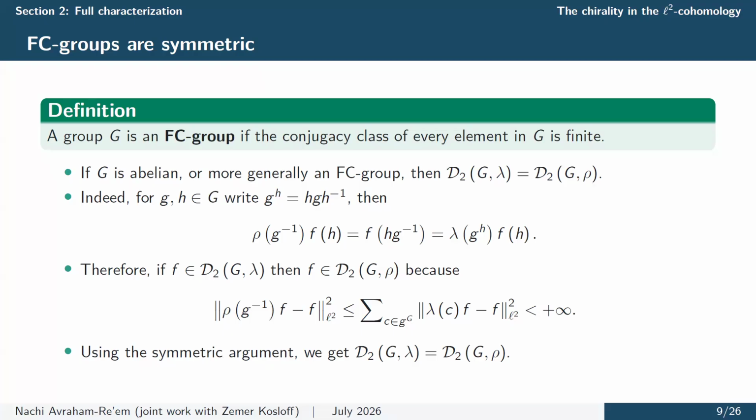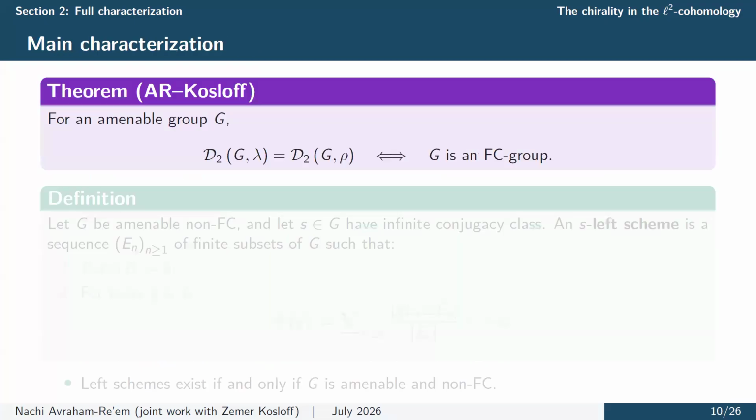Okay, so here is our first main theorem. It says that in fact this is the only obstruction. Among amenable groups, this is the only obstruction.